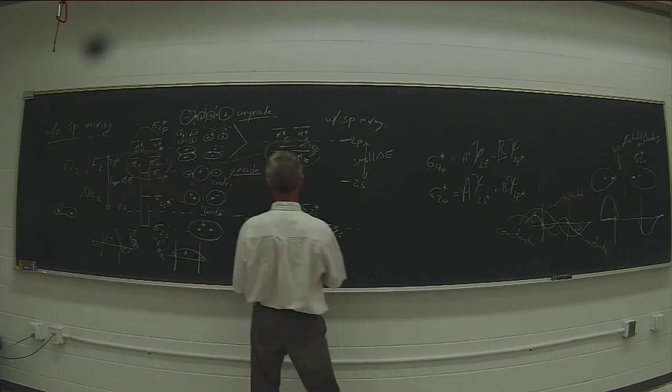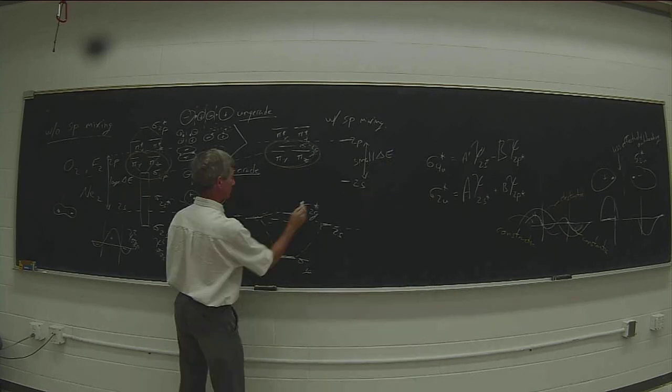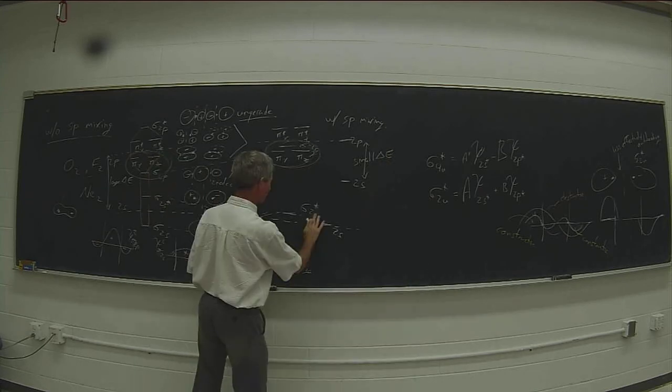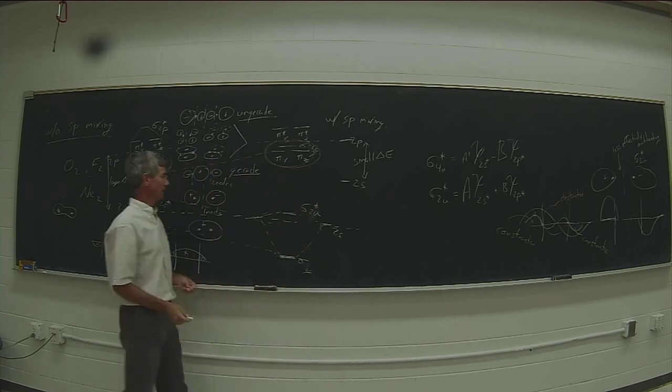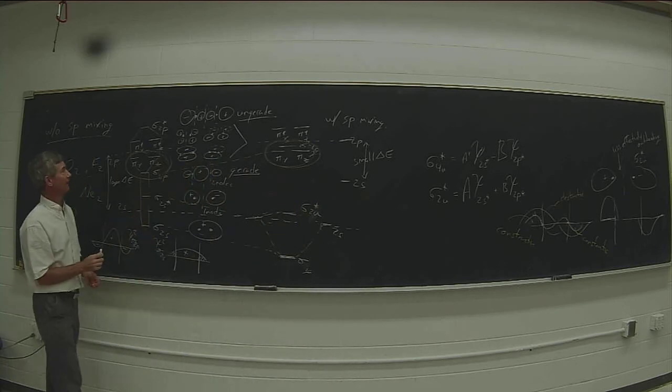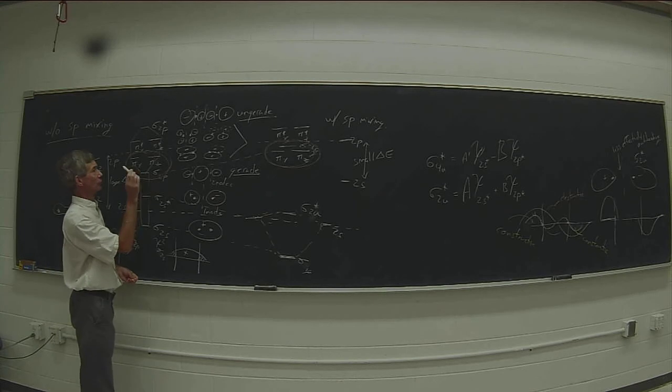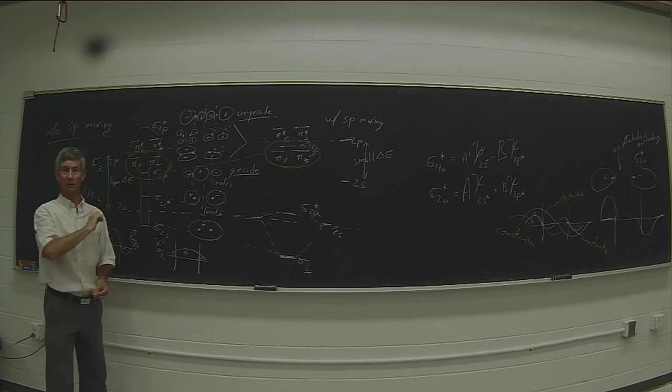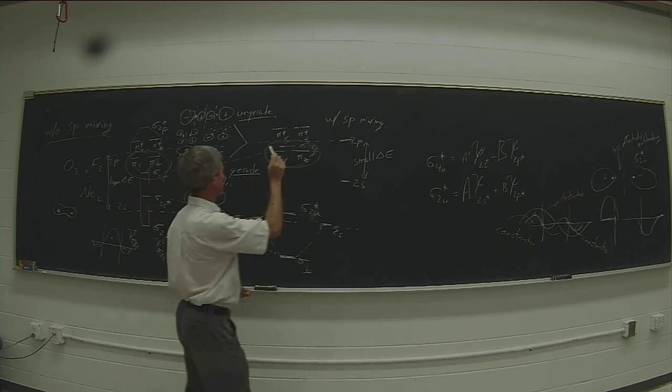If sigma 2u star is lower in energy than sigma 2s star, then sigma 4u star must be higher in energy than sigma 2p star. It's going to have to go up here somewhere.